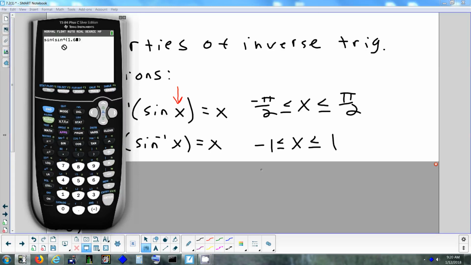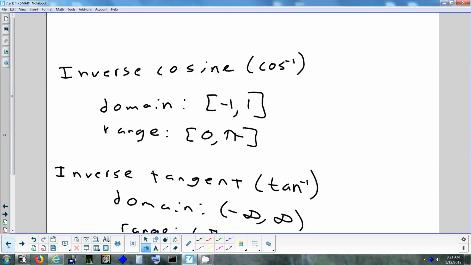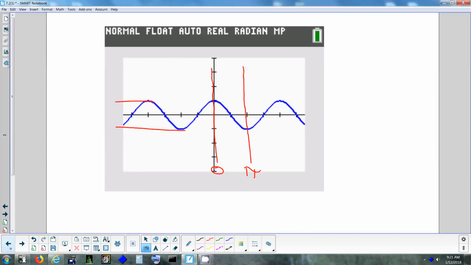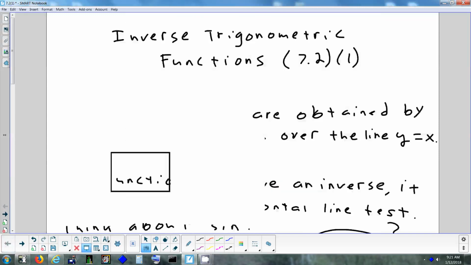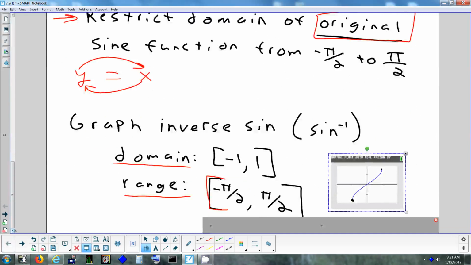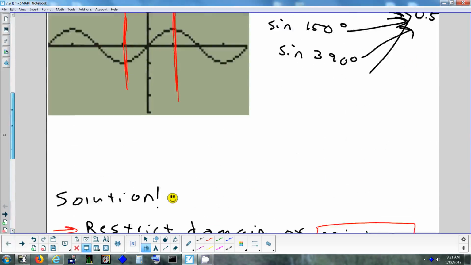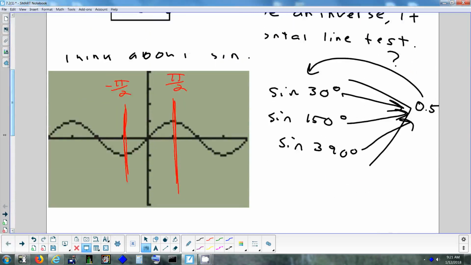And that's because, go back to inverse sine and think of the domain. You just tried to plug in 1.6 into an inverse sine function. The domain doesn't go that high. The domain only goes up to 1. So if you try to plug in 1.6, it's like saying, this is 1.6 right here, where does that line intersect that wave?